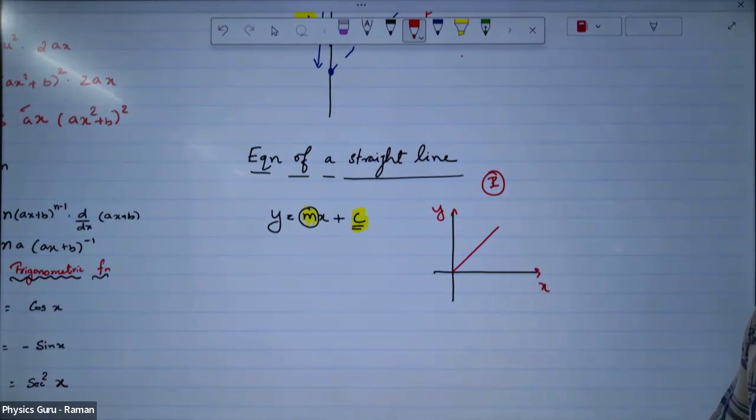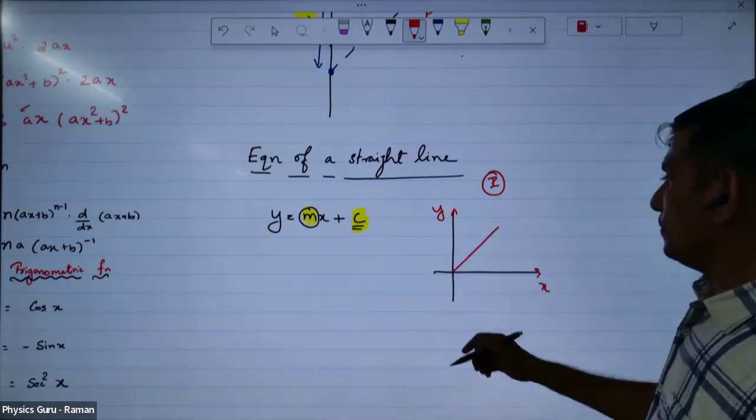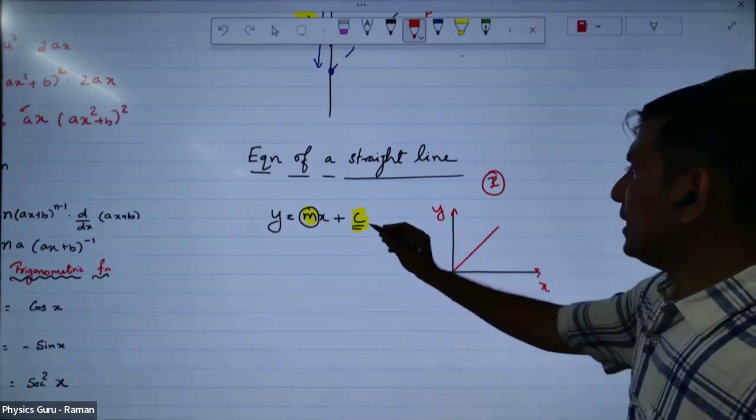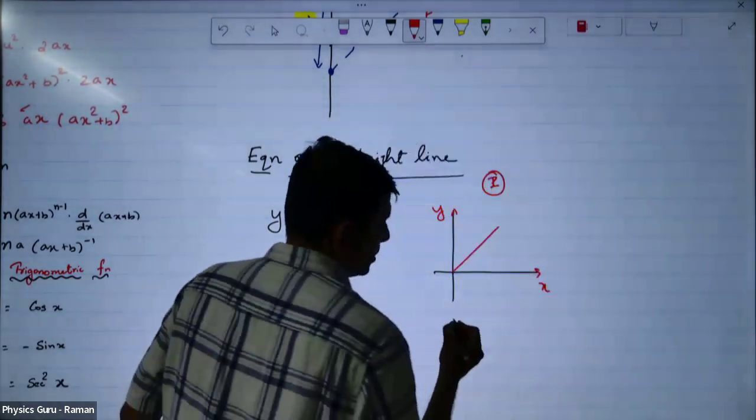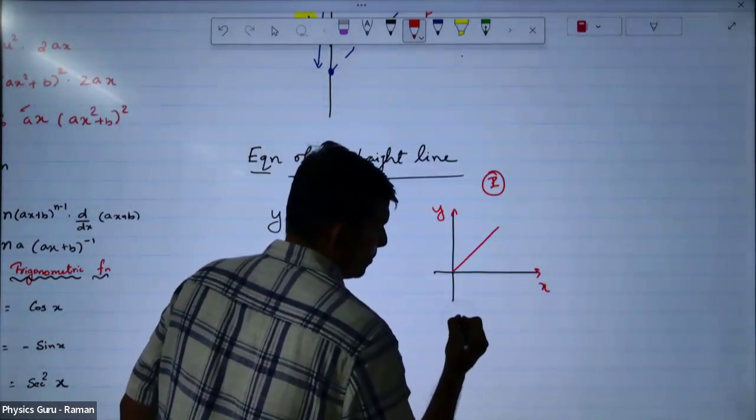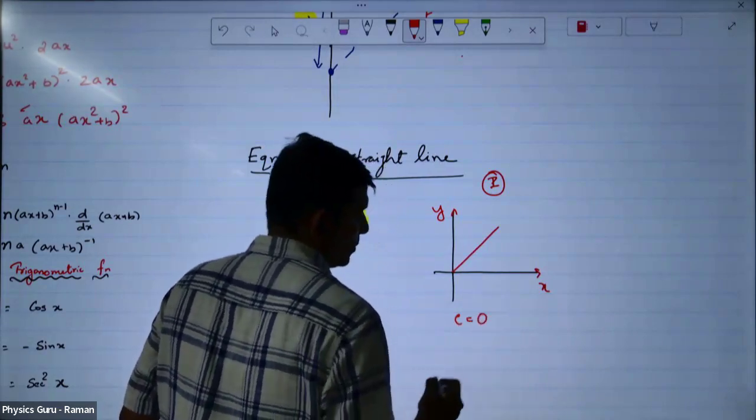Noted? So in this graph, c is equal to 0.